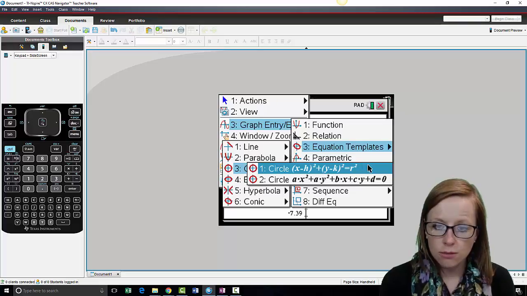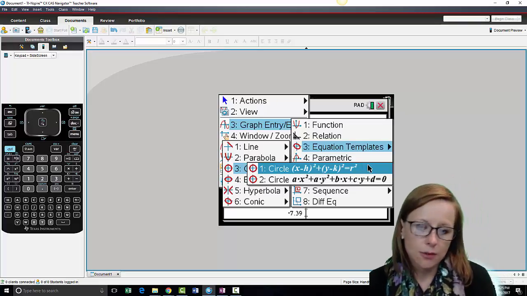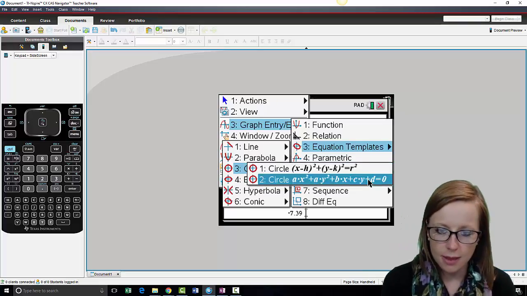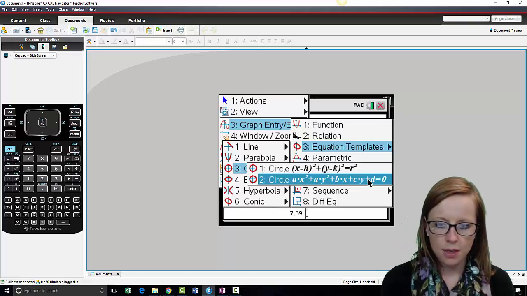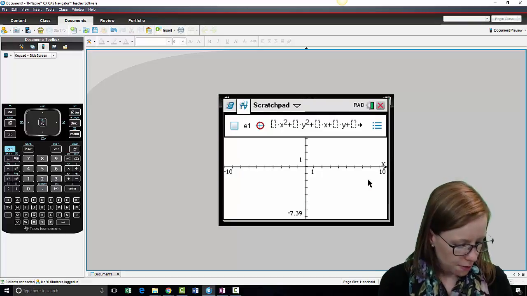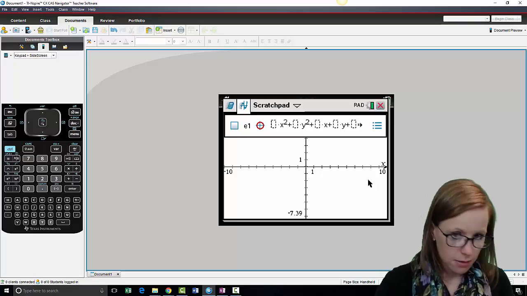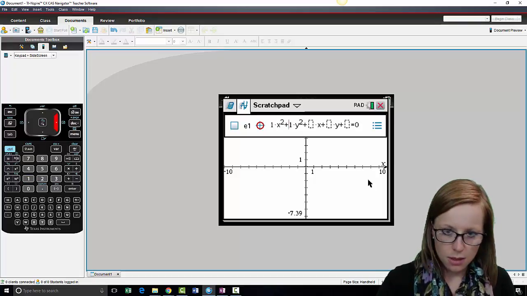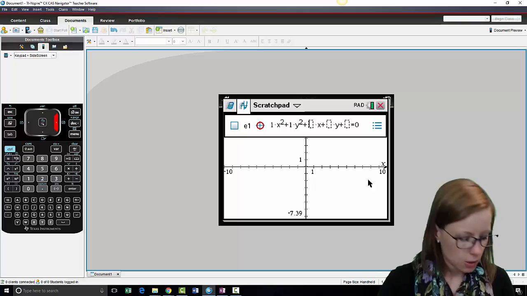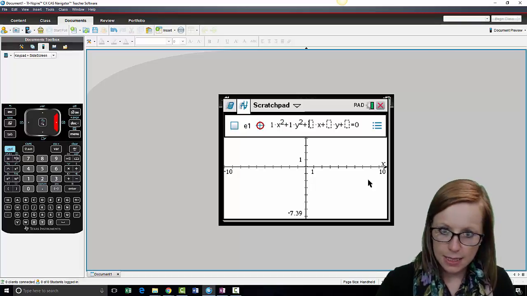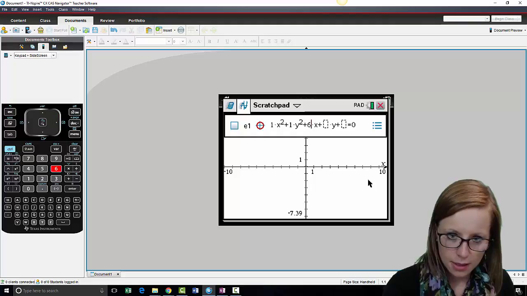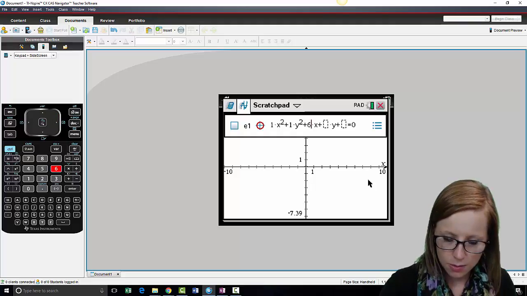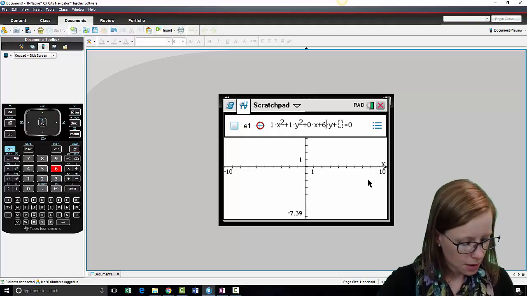Our circle right now is in center-radius form, but before that, it was in this form. Before that, in front of the x squared was the number 1. There was no 0x. Then I had y squared plus 6y.